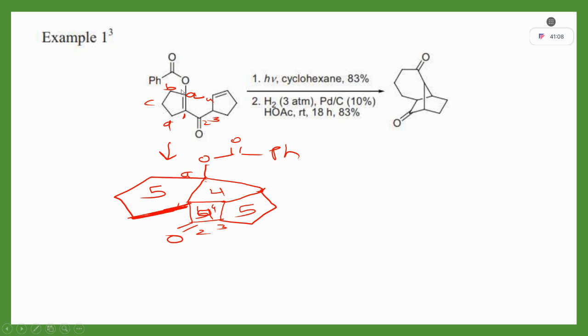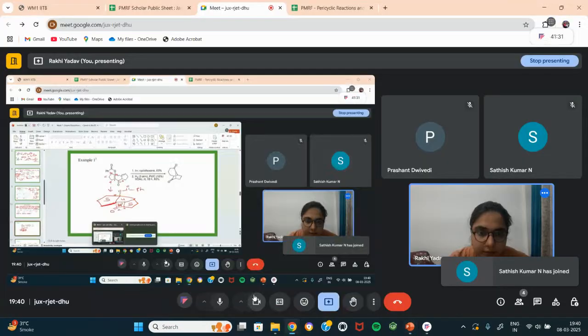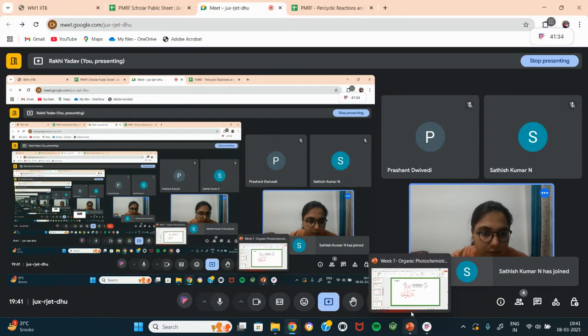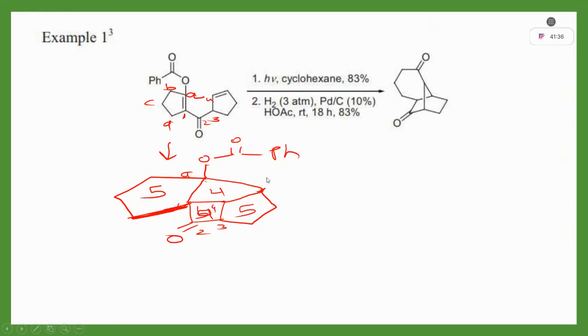In this system, not exactly a 1,3-diketone is given, but one of the enols, you can say. So our first task was to do an intramolecular 2+2 cycloaddition reaction. Okay. Now what will happen? Can you tell me?